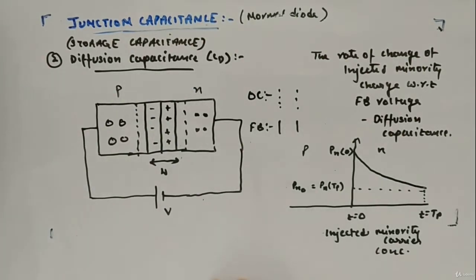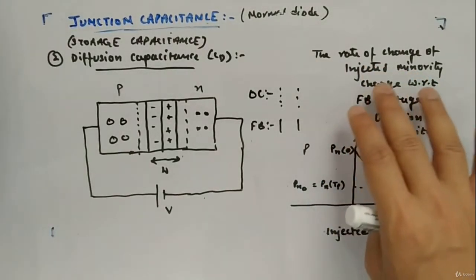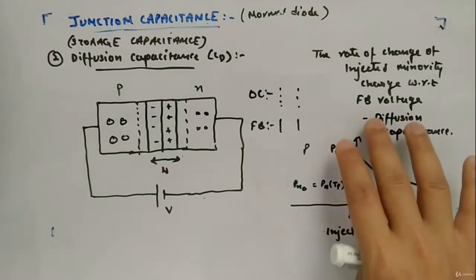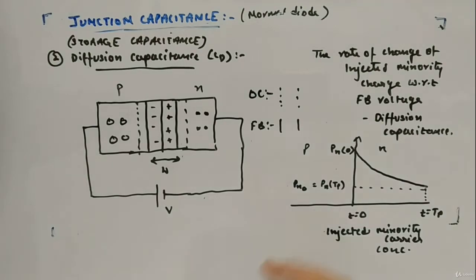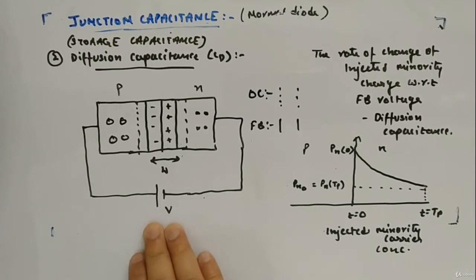Now how will the working happen? The diffusion capacitance is the rate of change of injected minority charge with respect to the forward voltage. So we work with minority carriers with respect to the applied voltage.